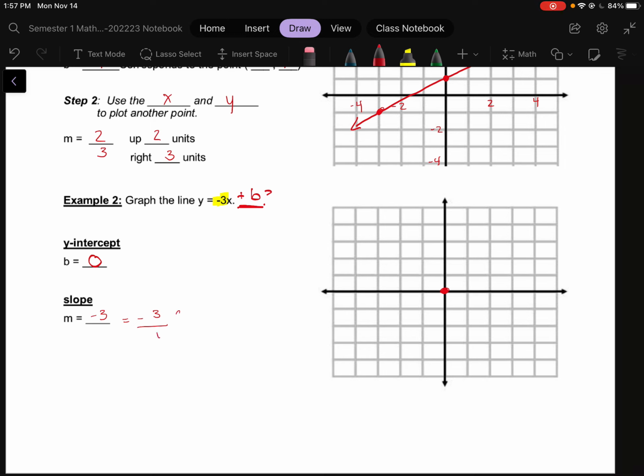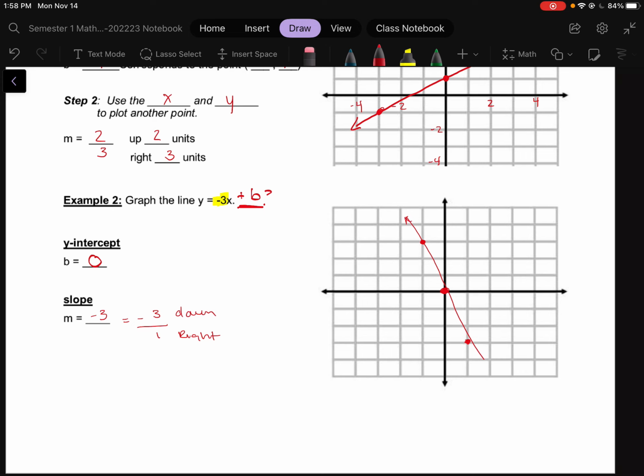So we're going to go down by 3 and to the right by 1, because the negative wasn't on the bottom. Okay, so that's why we go to the right instead of to the left. The bottom number was not a negative, so that is how this works. Opposite of that, we're going to go up by 3 to the left 1. And we're going to graph our line.